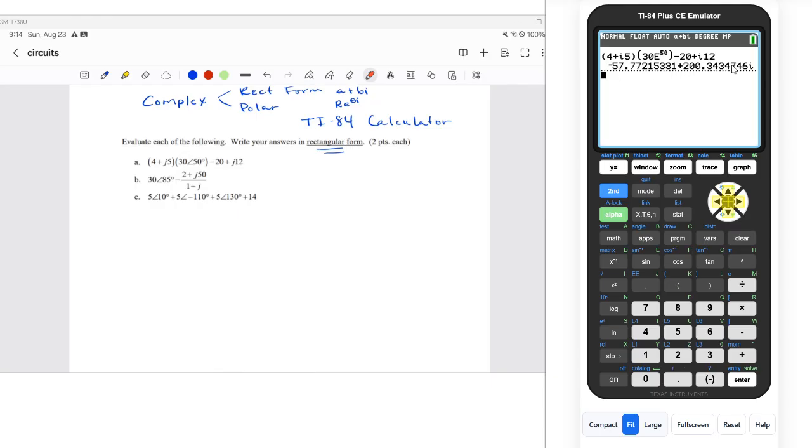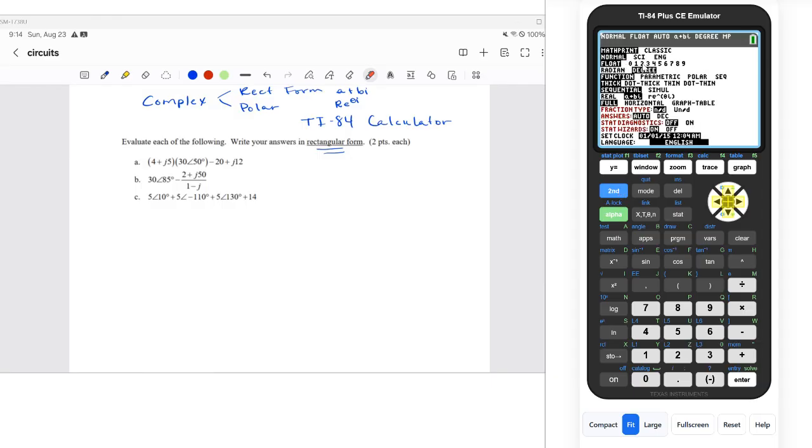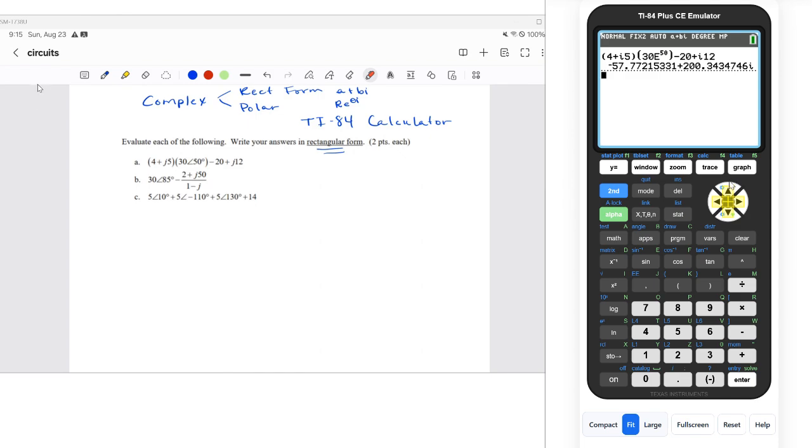If I don't want to see all these decimals, I can go to mode and change, right here under float, to 2 or 3 decimals. So I'm going to do 2 decimals. I'm going to quit here and print that out again so it's a little bit easier to read.